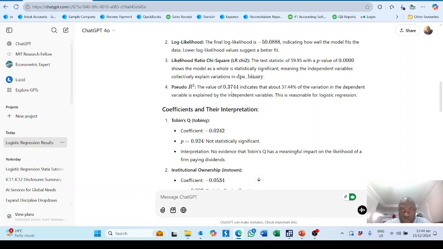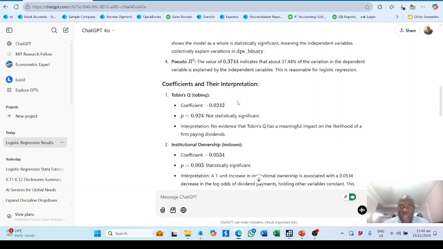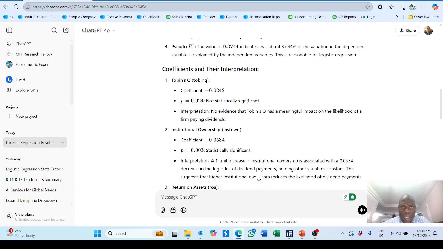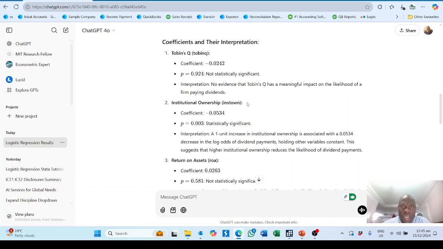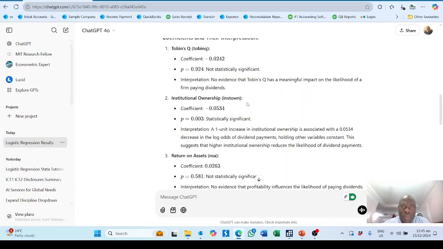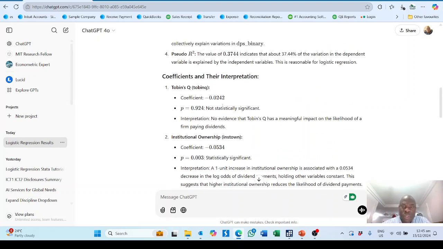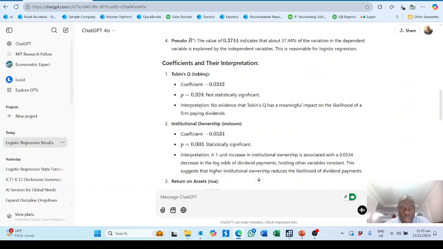The pseudo R square, which is 37%, about 37.44%, indicates the variation in the dependent variable explained by the independent variables, like I earlier explained. And these are the interpretations of the coefficients of the explanatory or predictor variables.